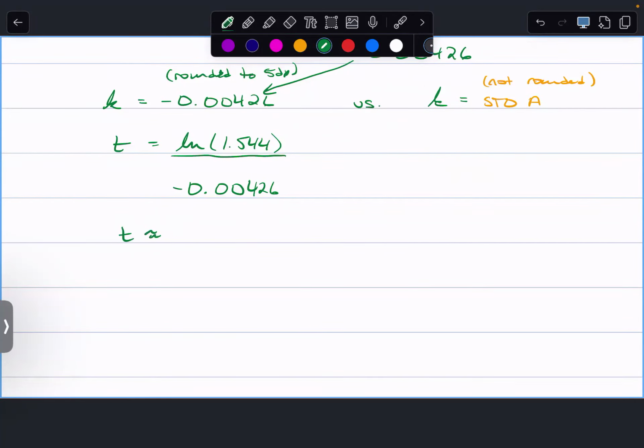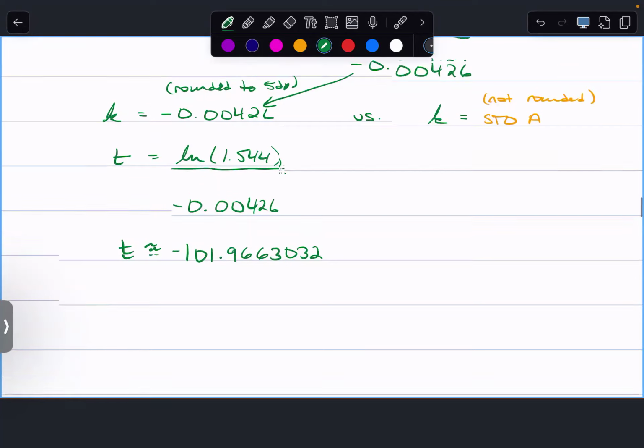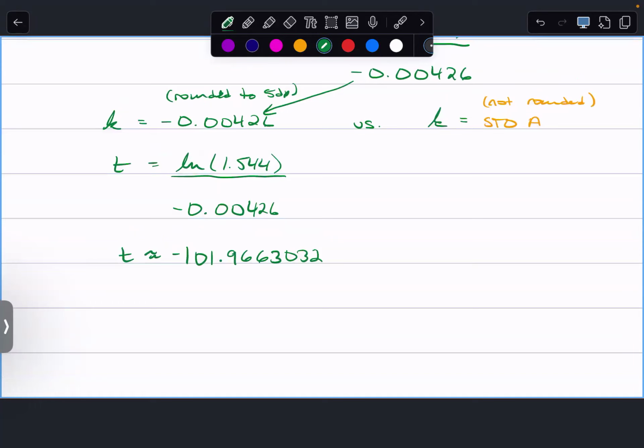I get t is roughly negative 101.9663032. So roughly 102 minutes. Now I'm curious because I don't suspect that using the unrounded value is going to make a huge difference, but let's try it.